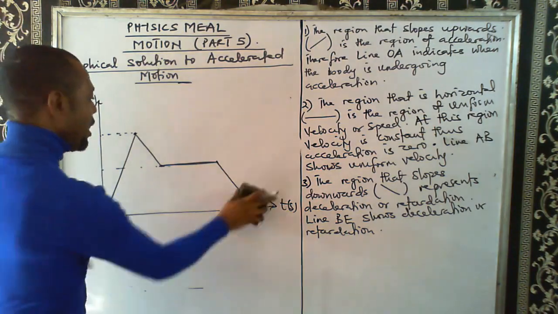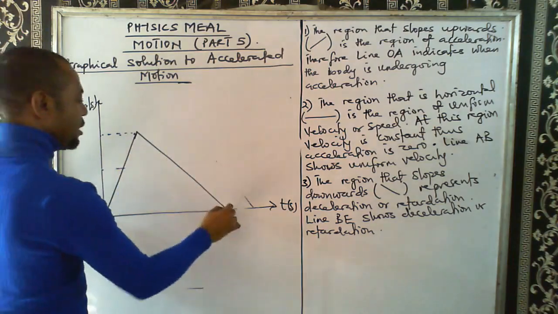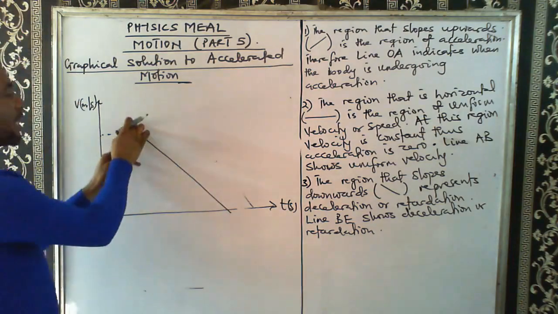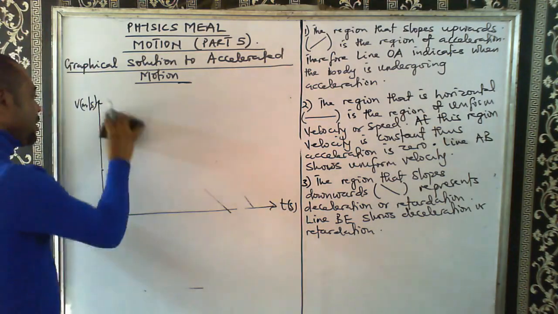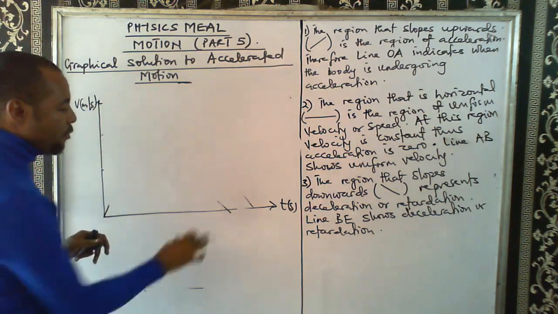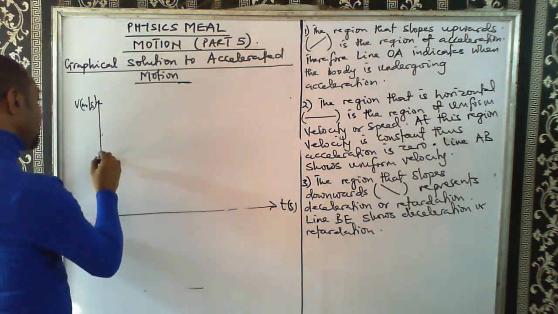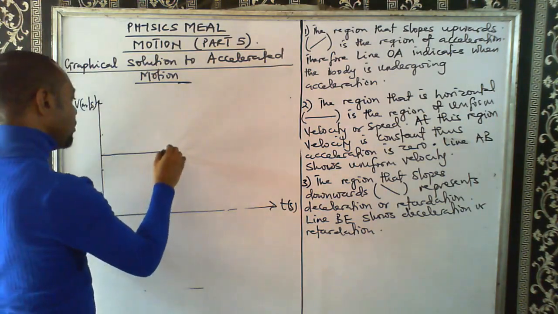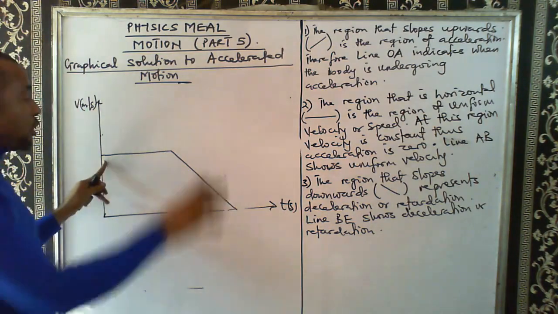So it means if I now have something like this, that and that, the body just accelerated and then decelerated. Okay? See, it's in different forms. No matter the form of the velocity time graph, you'll be able to explain it. So if I have this now, this body did not accelerate, there is no region of acceleration.